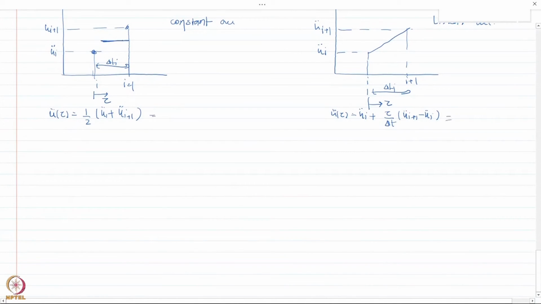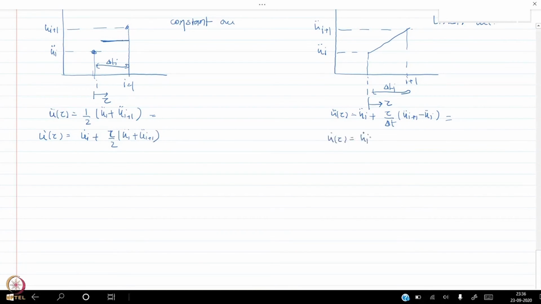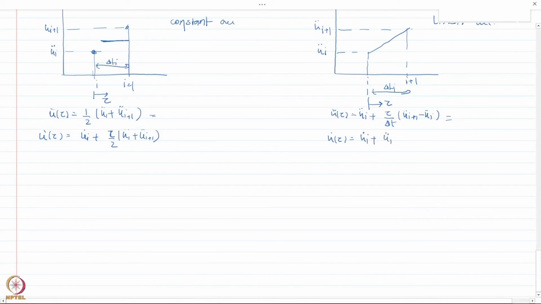Once the variation is known, I can integrate both these expressions to get the velocity as a function of tau. If I integrate, I get the initial velocity plus the constant average acceleration times tau. Here, for the linear case, I get the velocity at i plus this times tau plus tau square by 2 delta t times ui plus 1 double dot minus ui double dot.